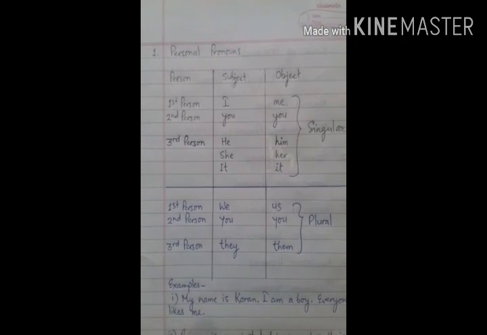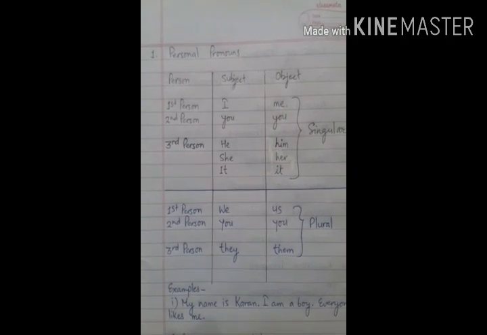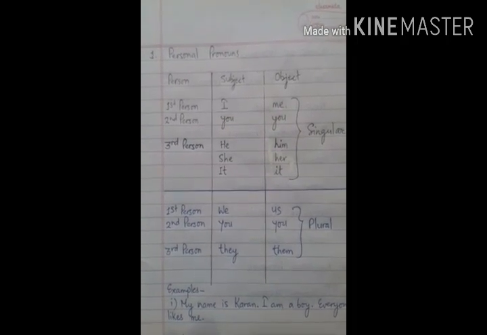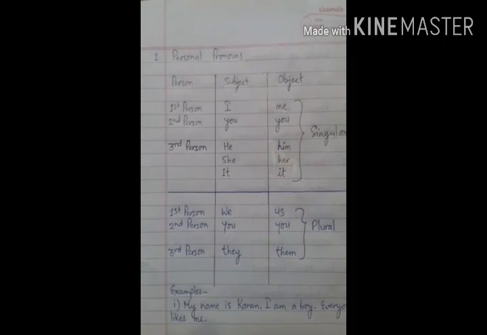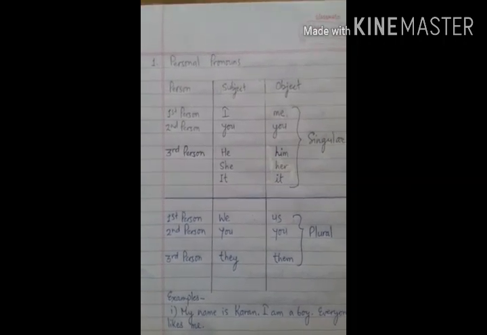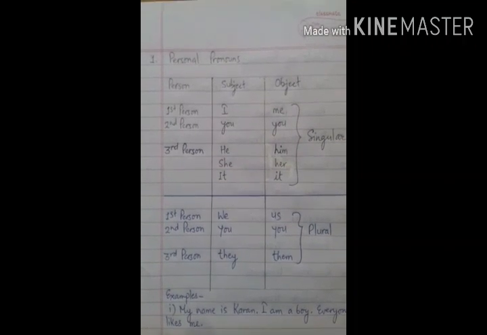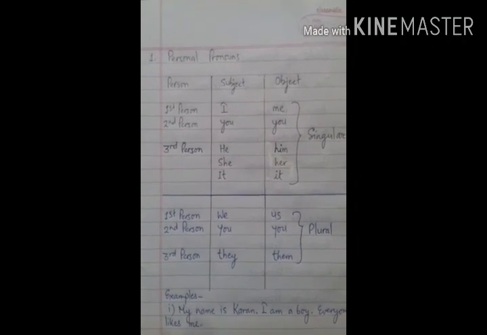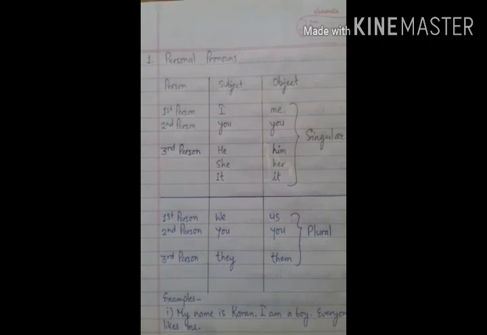Here I have also separated the use of pronouns as subject and object. When I mention myself as I, I am the first person singular subjective pronoun.